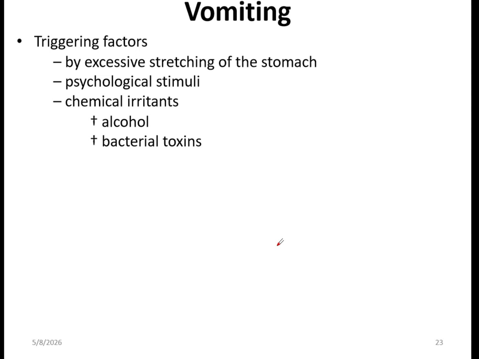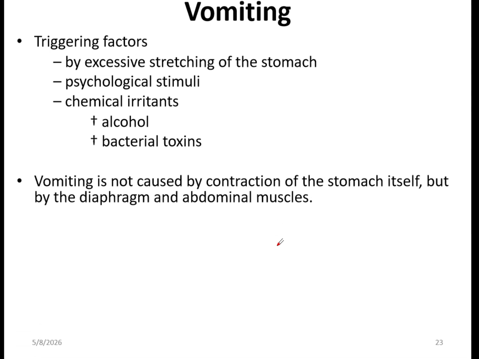Next is vomiting. Vomiting is triggered by excessive stretching of the stomach. Whenever the stomach is excessively stretched, vomiting will occur. It can also be a psychological stimulus, chemical irritants and alcohol, or bacterial toxins.